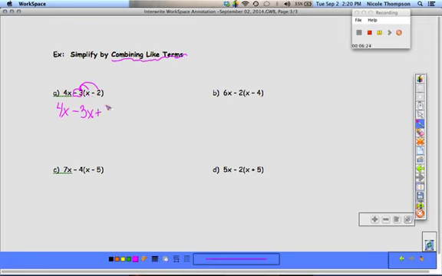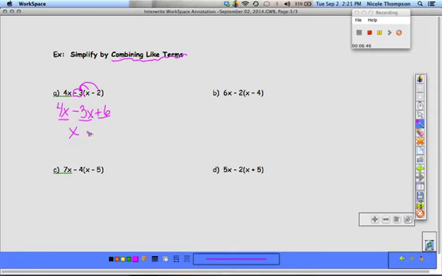So over on example B, looks a lot like example A. You have a set of parentheses that you need to distribute this negative 2 through. So first we're just going to bring the 6x down and we're going to distribute the negative 2. So negative 2 times x is negative 2x.